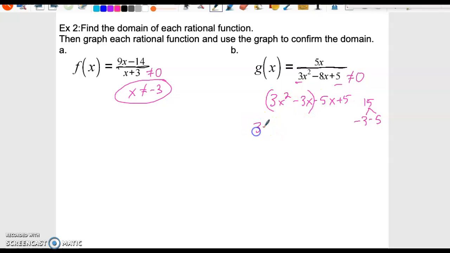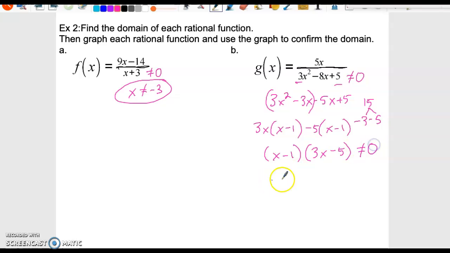So you'd have a greatest common factor of 3x, x minus 1. I'd factor out a -5 to give me x minus 1 as well there. So looking at x minus 1, 3x minus 5. And all of that work to get that x cannot equal 1, or if you add 5 over and divide by 3, 5/3, or 1.6 repeating.